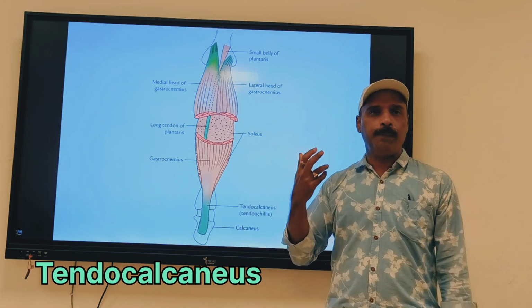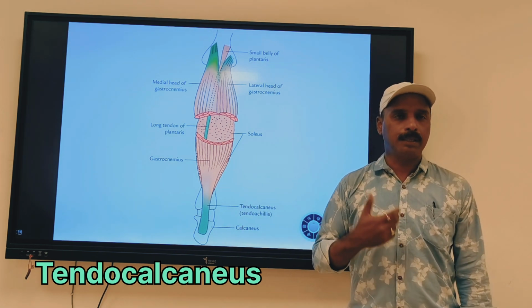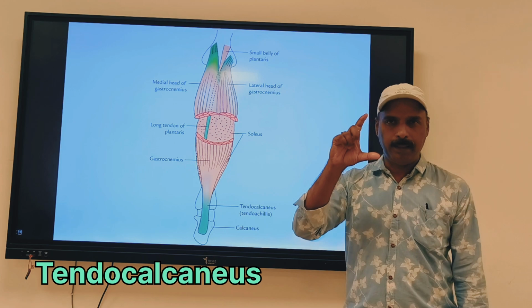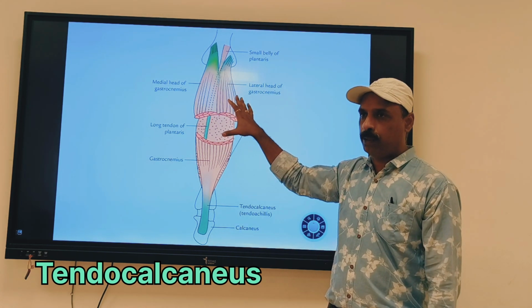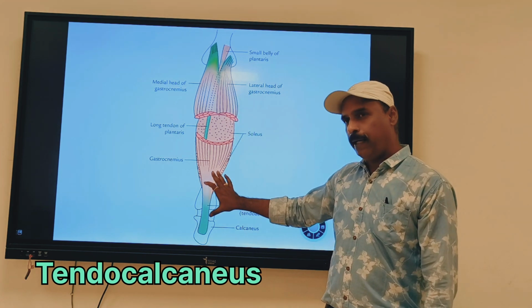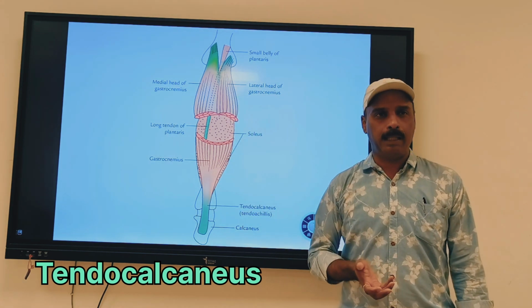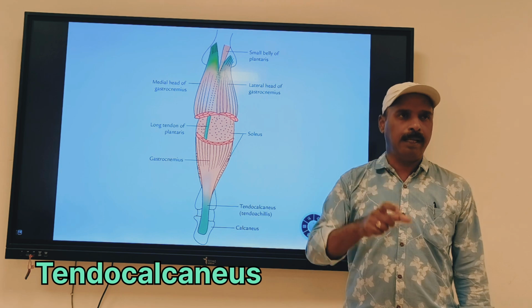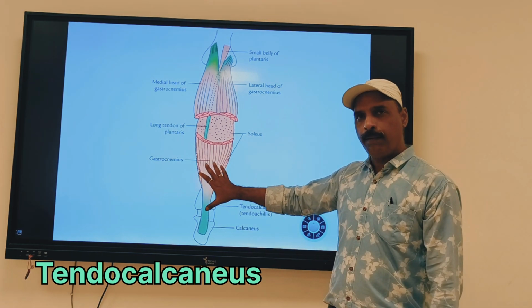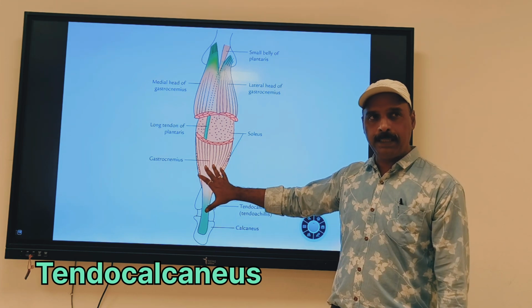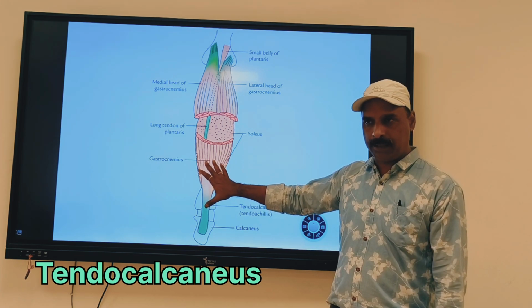This is about 15 centimeters or 6 inches. This is all over the muscle belly of the soleus and gastrocnemius, and when we talk about the Tendocalcaneus, you have to tell about the tendon. So the tendon formed is about 15 centimeters or 6 inches.